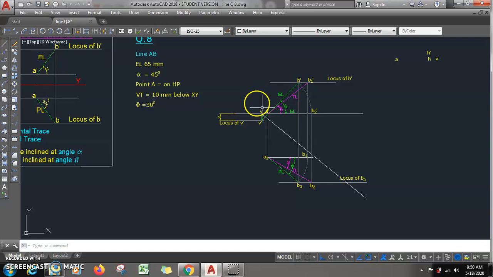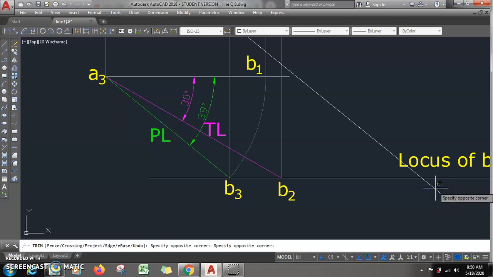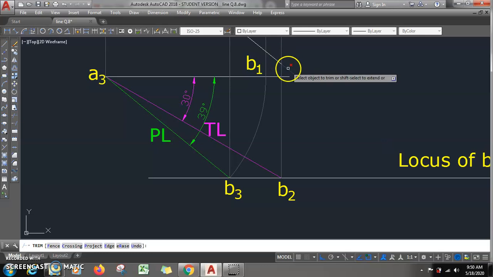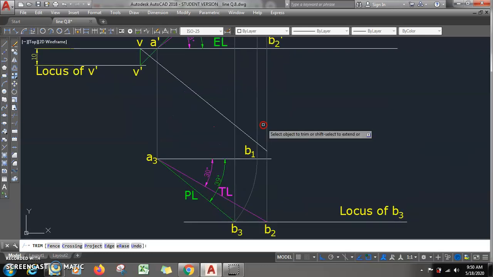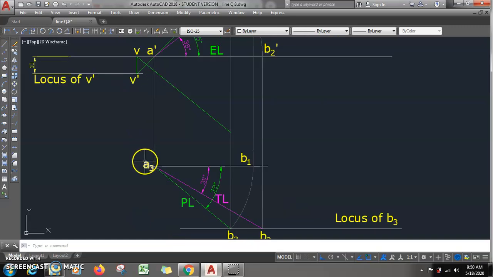Now you see. Okay, this is extended beyond the limit. So I will trim this thing. You see this one, this one, this one. Up to what location do we need? This one, this one. You see, this is my line, and where is point A?